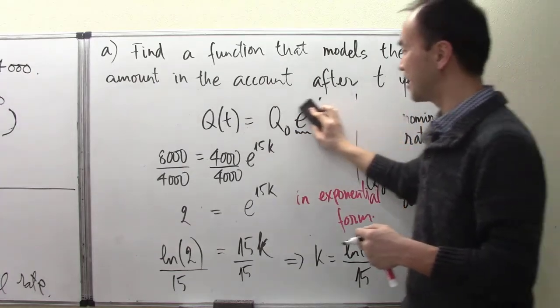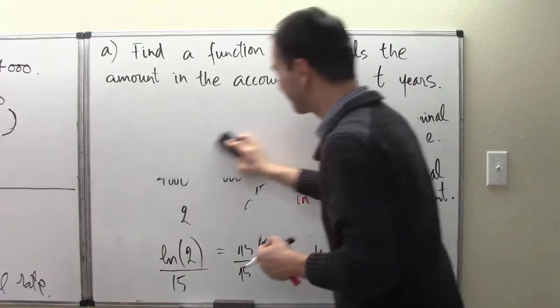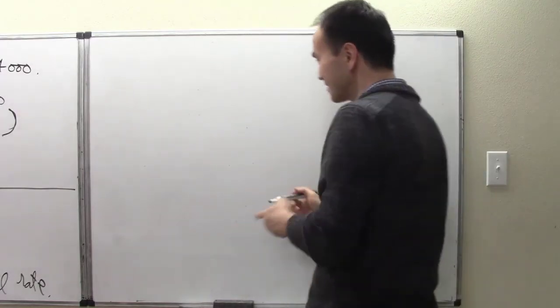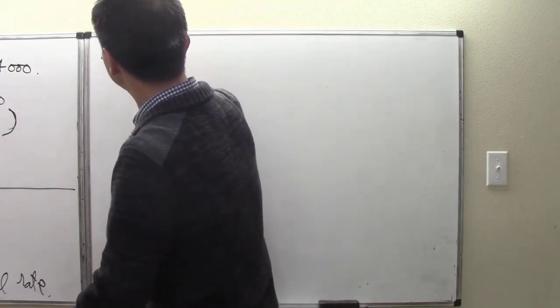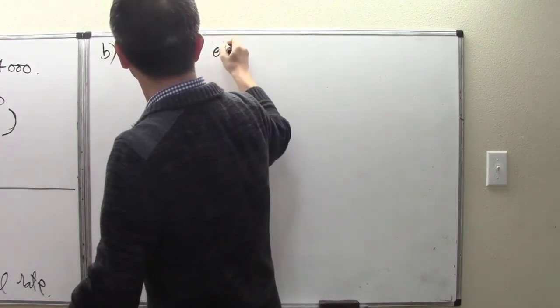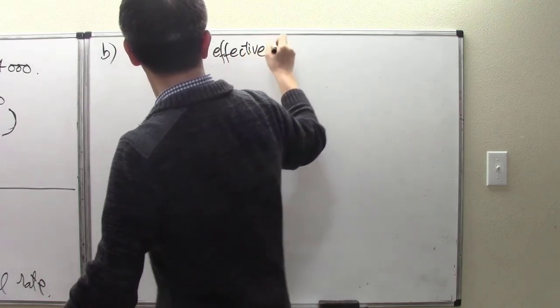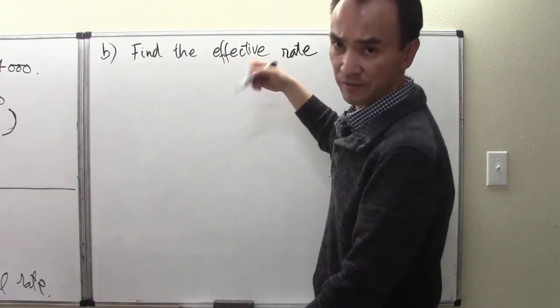Now let's look at part B of the example. Part B: find the effective rate. Of course, this rate is the annual effective rate.